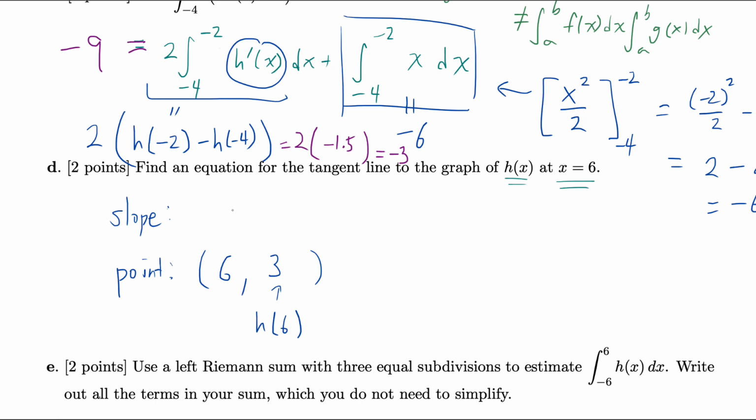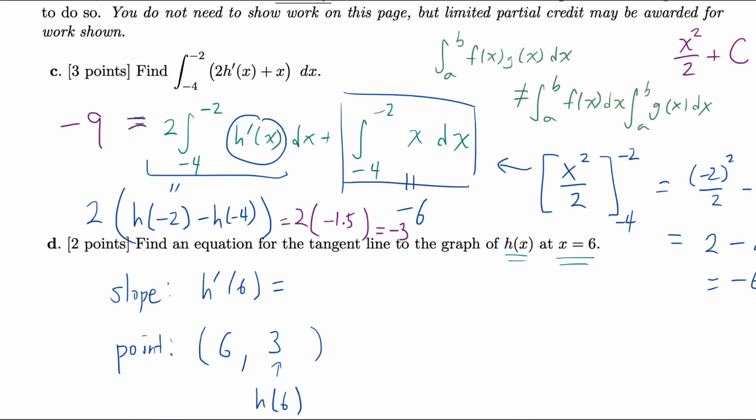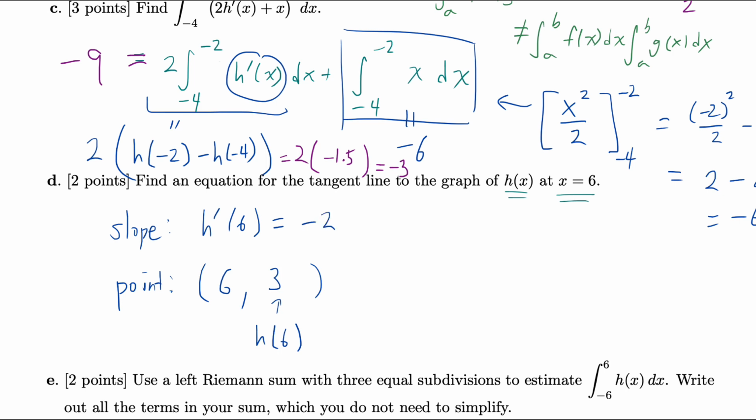What about the slope? Well, the slope of a tangent line is exactly the derivative of the function at this point. So we want to look at h prime at 6. And what's h prime at 6 here? Well, h prime at 6 is negative 2. So we know the slope should be negative 2. So we're looking for a line, an equation of a line, that goes through this point with this slope.